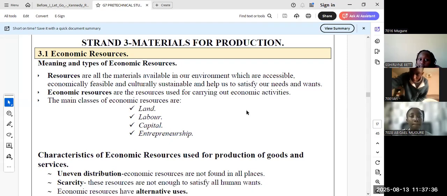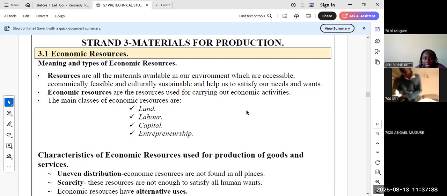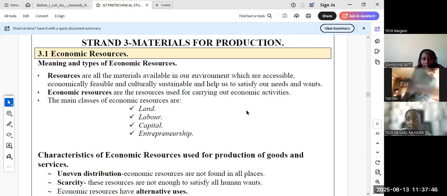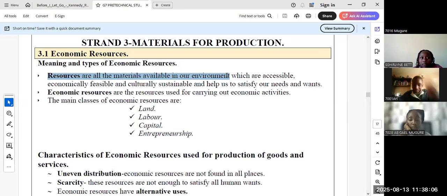Yeah, in simple terms, if somebody asks you to define what a resource is, you simply tell them that resources are the materials available in our environment and they can help us satisfy our needs and wants.